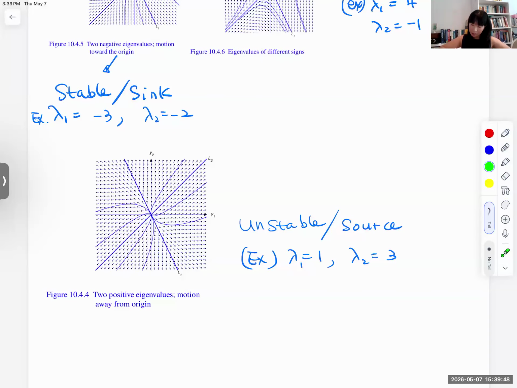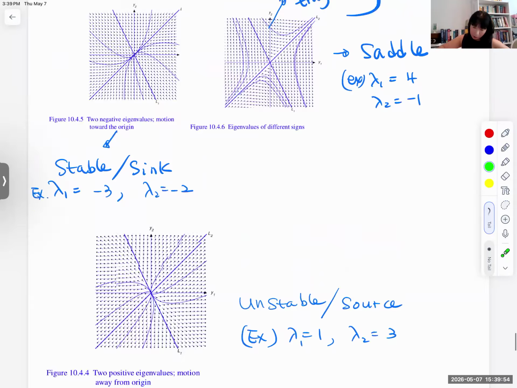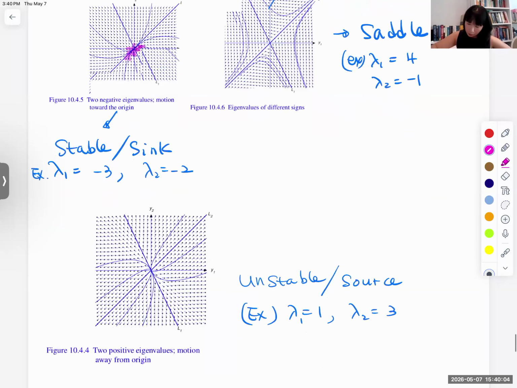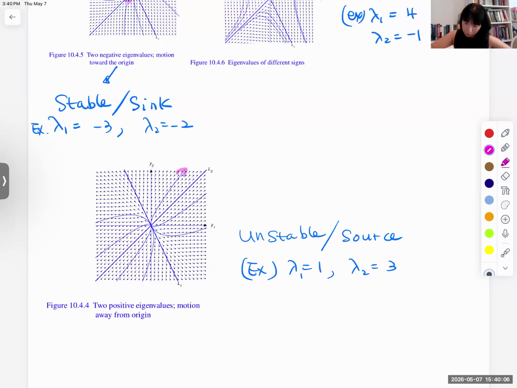Okay, so it looks like that. So this one toward the origin, and this one away from the origin.